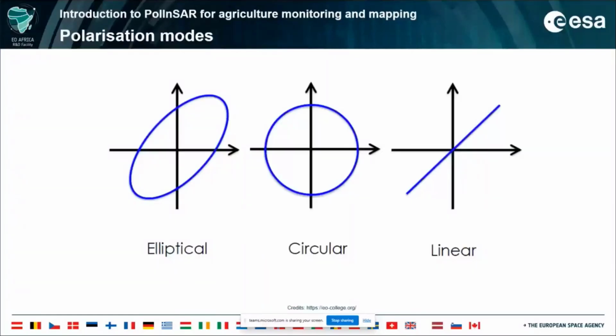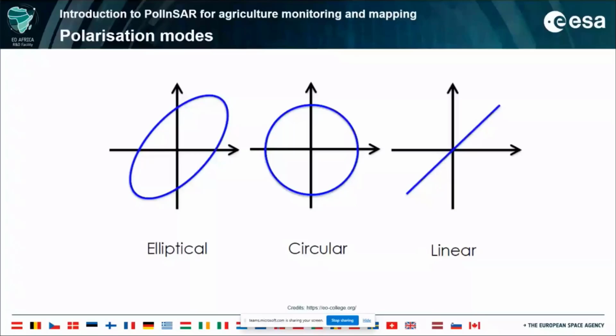So now, I do not know if everyone of you is also familiar with polarization, but polarization is a metric that is very useful in polarimetry, as its name suggests. Polarization describes the orientation of the oscillating electromagnetic fields perpendicular to the direction of travel.